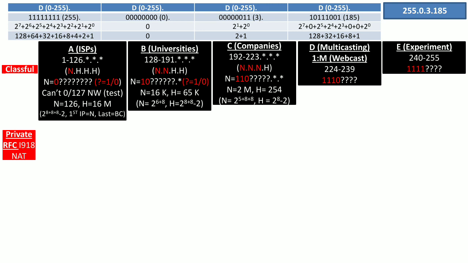First of all, I will discuss private IP addressing. This private IP addressing is defined through RFC 1918, and basically all the IPs which are not private IPs are public IPs.